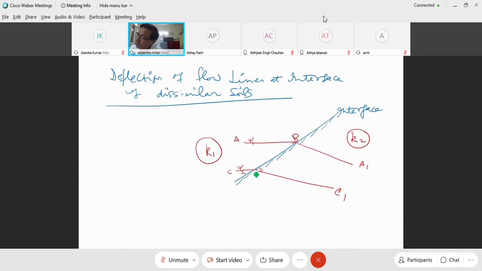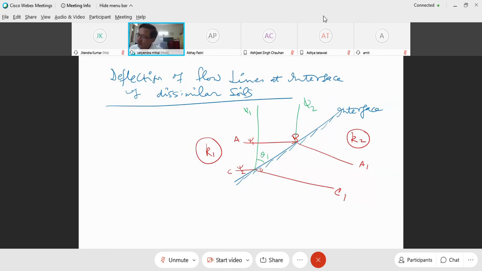So let us say this was the equipotential line Phi1 for CD, and this was the equipotential line say Phi2 for this AB. Now let us say this makes theta1, and as per the law.